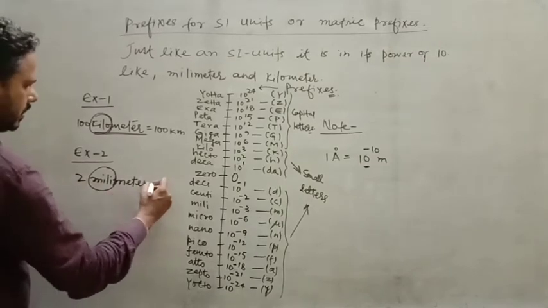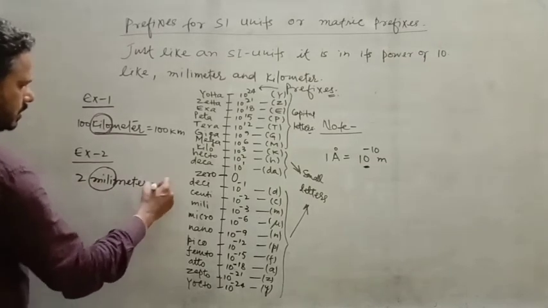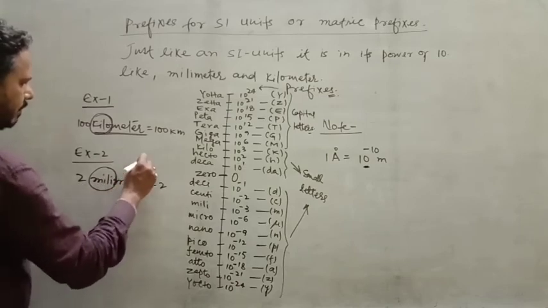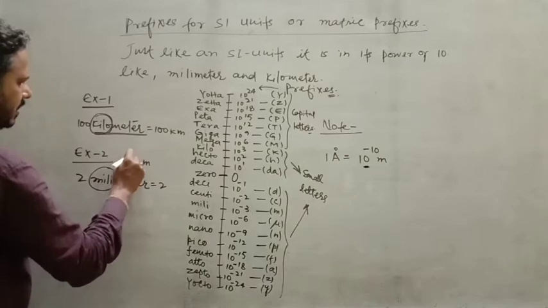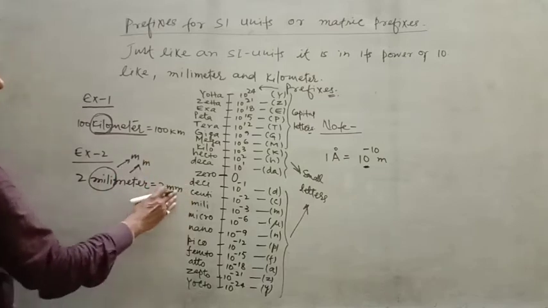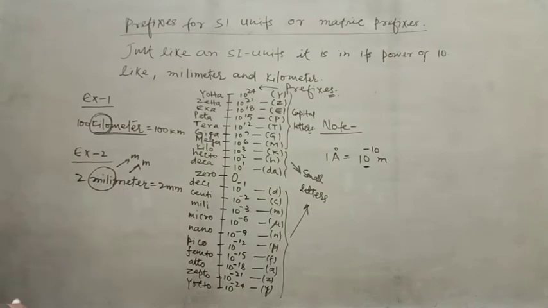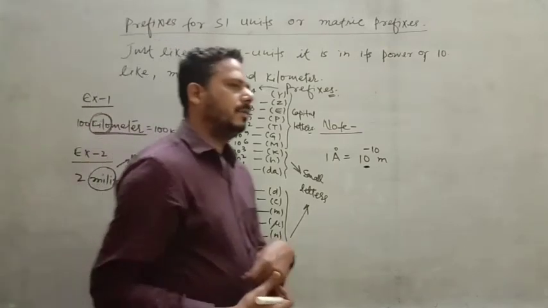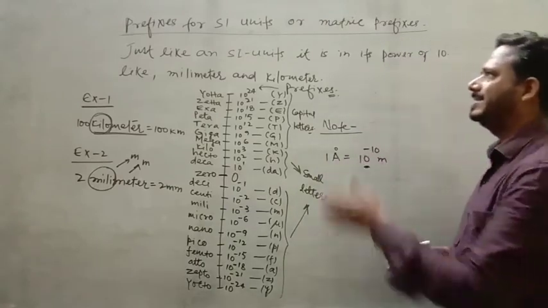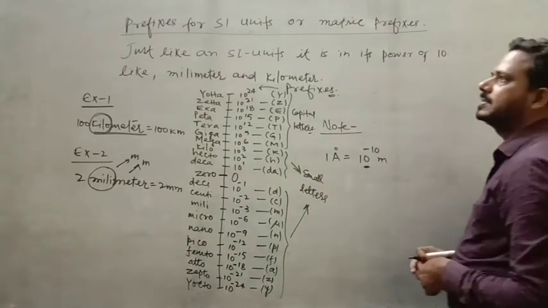So in short, 2 is the numerical value, and then millimeter. Meter is represented by M, and milli is also represented by M. So this one is 2 mm, that means 2 millimeter. So that is the use of power of 10. That's why we use these SI prefixes.